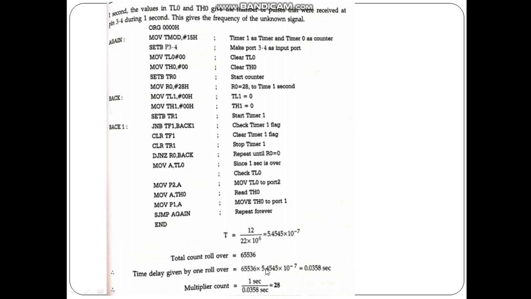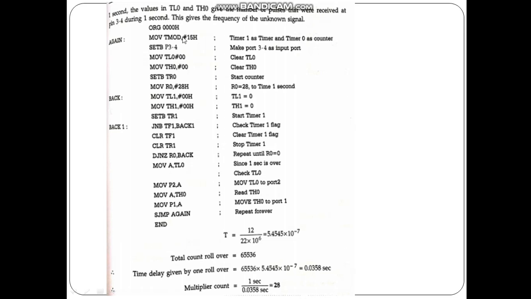So the maximum time delay that can be generated is 0.0358 seconds. But the delay that has to be generated is 5.45 into 10 to the power minus 7 seconds. So this 0.0358 has to be multiplied by 28 in order to get a delay of 1 second.